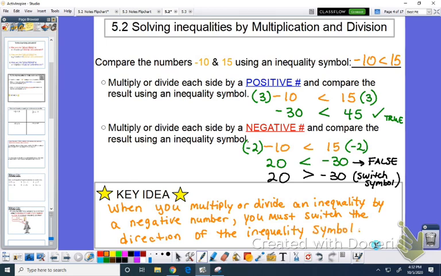All right, so again, that's when we multiply or divide. You have to remember to switch the symbol in the opposite direction.